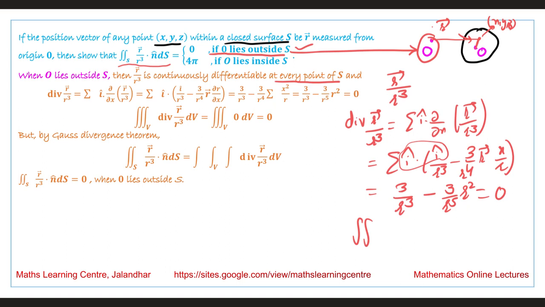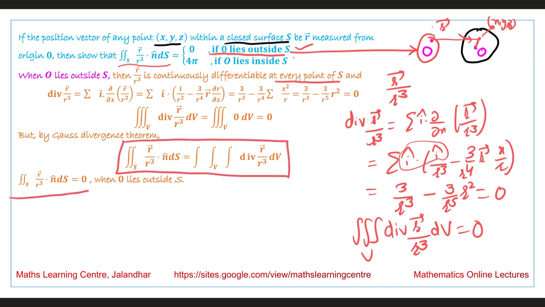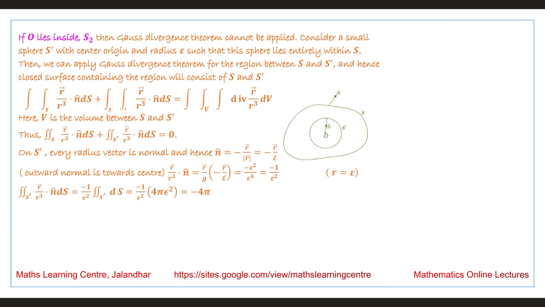So the triple integral over V of divergence of r vector over r cube into dV is equal to 0. So by the Gauss divergence theorem, this value is 0 when O lies outside the surface S. Now next we consider the case when O lies inside S. This is the surface S that we have, and suppose the origin is at this point O, and if we consider any point over here, it is (x,y,z).